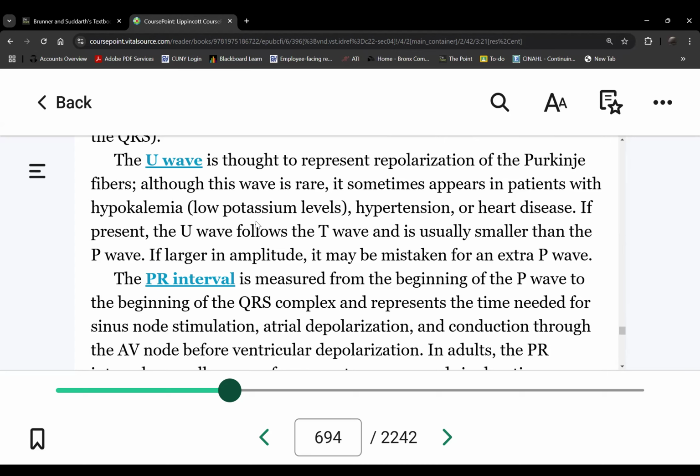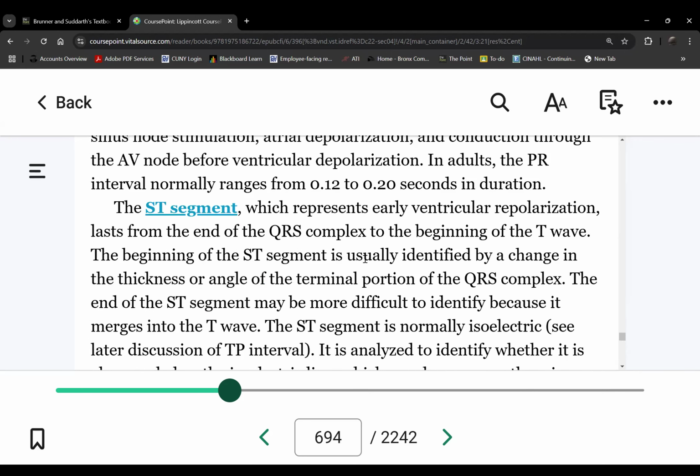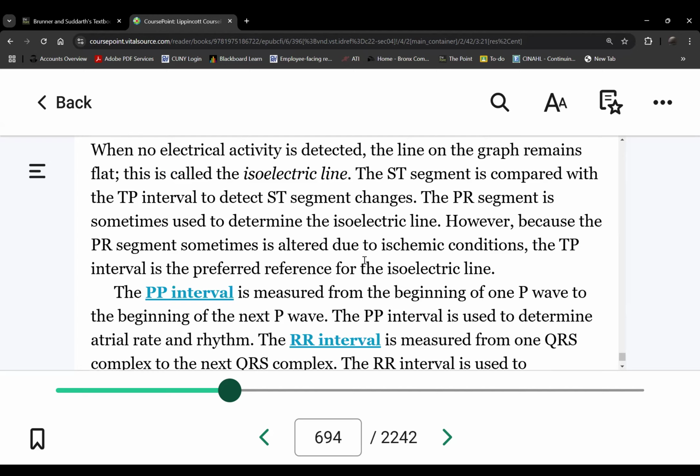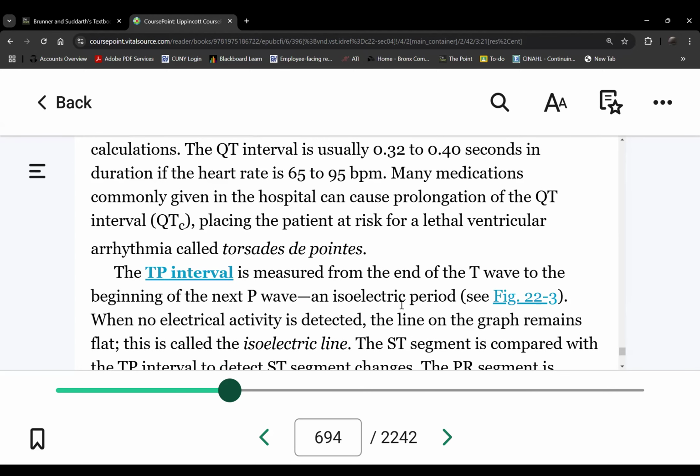That's when you see a U wave, and it can sometimes be mistaken for a T wave, but it's not really a T wave. It looks like an extra T wave. That's a U wave, but again, it's very seldom seen. It doesn't typically appear on a normal ECG. You follow? So any questions about what you're looking at here?